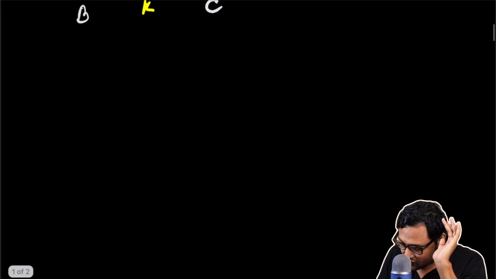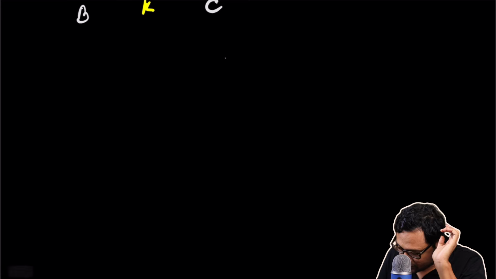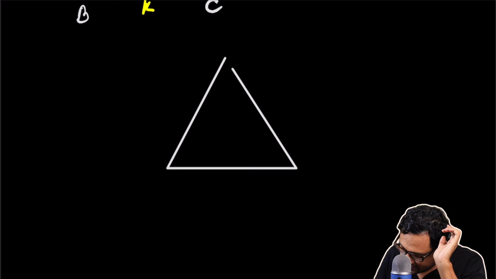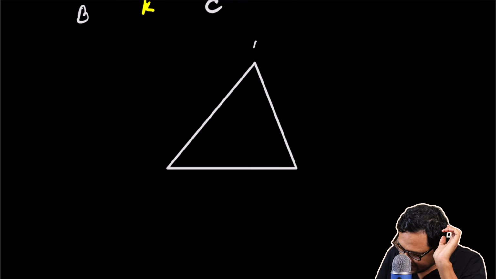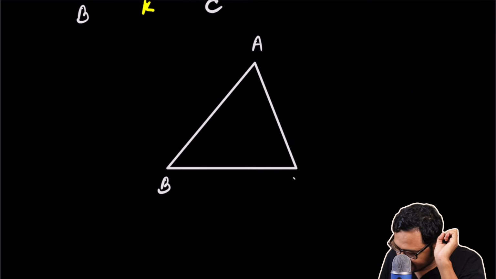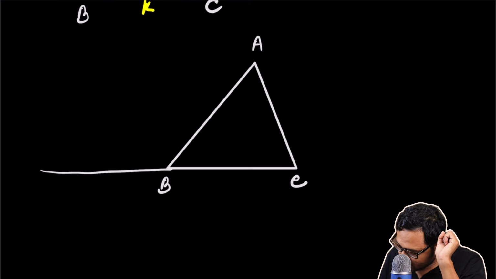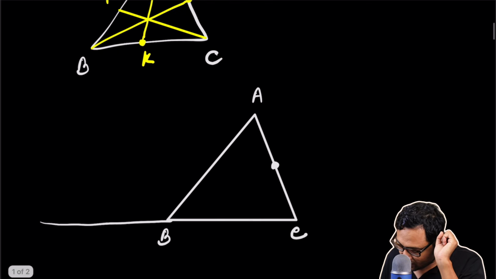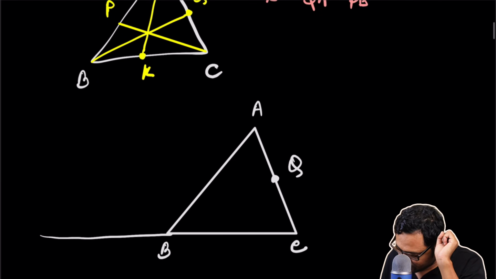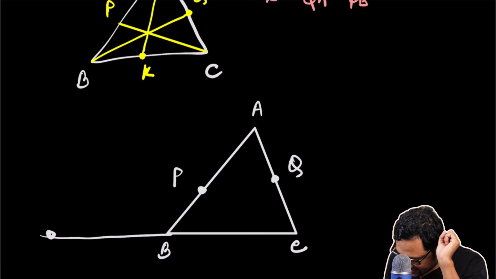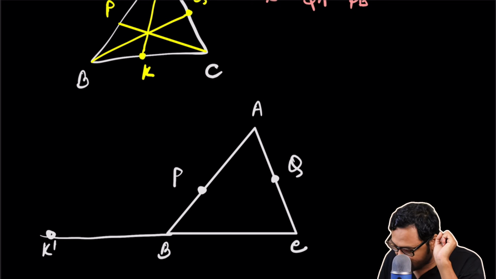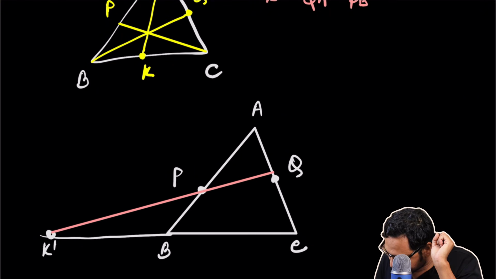So let me draw the picture of the Menelaus theorem. Again, suppose we have A, B, C, and we have 3 points. Let's say, I'll just name it similarly, Q, P, and K prime. We have 3 points which are collinear.